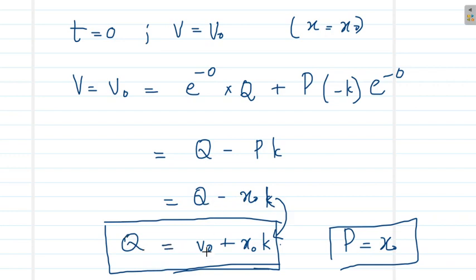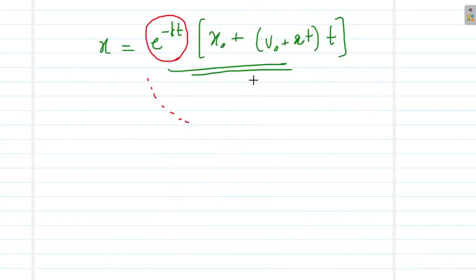That implies q is equal to v0 plus x0 into k. So x0 plus v0 plus x0 k multiplied by t. This is the second function, and as you can see, that is a linearly increasing function with respect to time.